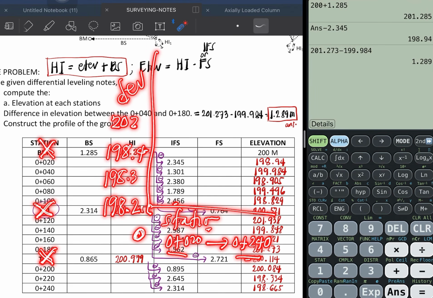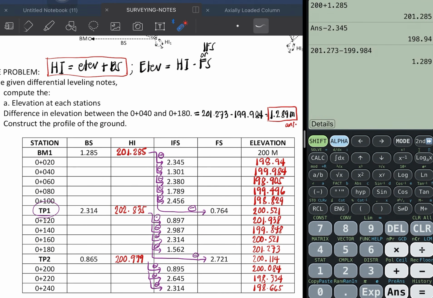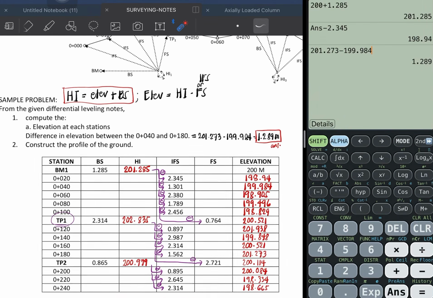Station 20 is 198.94, so maybe somewhere here, and so on, and then you draw your profile of the ground. Okay, so that's it. Maybe I will give an assignment for you to construct the profile of the ground for this problem. Okay, that is all.